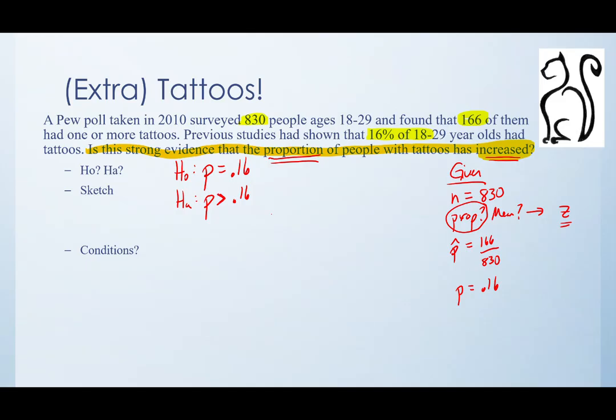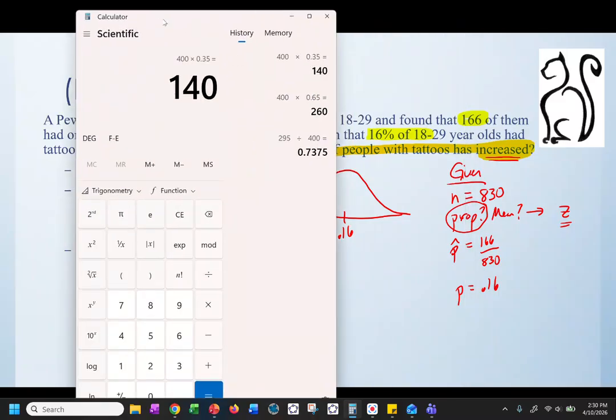Okay, I'm going to throw my sketch in here. So our hypothesized proportion, the center of our distribution, 0.16. Now, I don't know what 166 out of 830 is, so let's pull up our calculator and say 166 divided by 830 is 0.2.